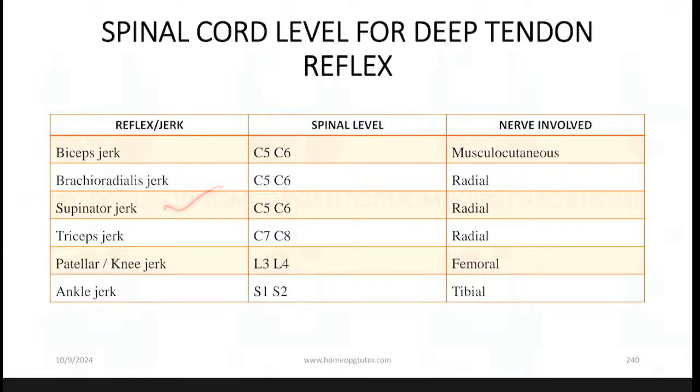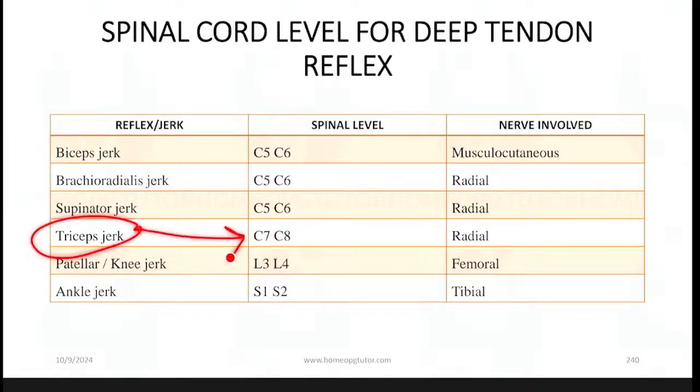Both the brachioradialis and the supinator have the same nerve, that is the radial nerve. So all three, that is biceps, brachioradialis, and supinator, are dealing with C5 to C6, but the nerves are different. For brachioradialis and supinator, we have the radial nerve, but for biceps jerk, we have the musculocutaneous nerve. Okay. Next, one more jerk where the radial nerve is involved, and that is the triceps jerk.